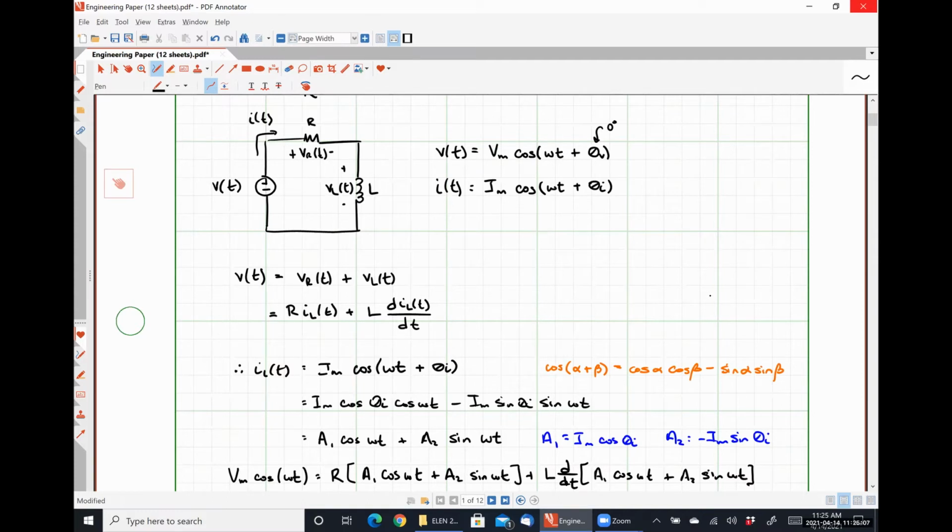So I can say that this is the real part of the complex number Vm e to the j omega t plus theta v. And similarly, I can say that this guy over here, my current, is the real part of the complex number Im e to the j omega t plus some phase angle theta I.